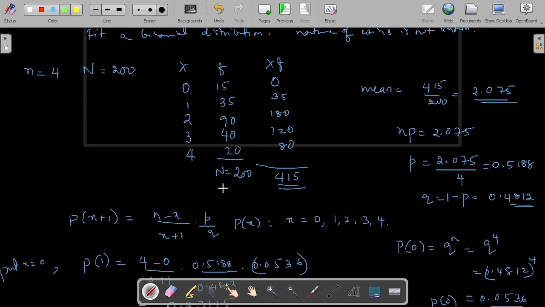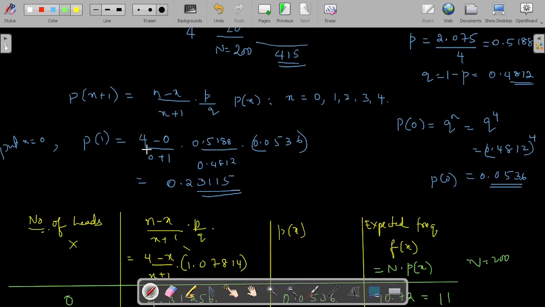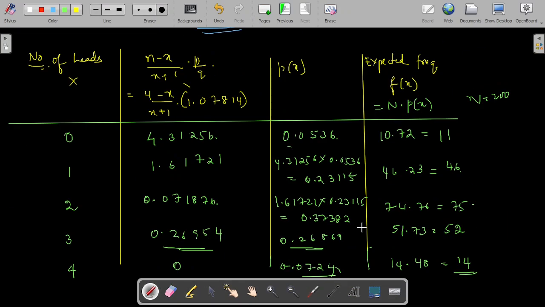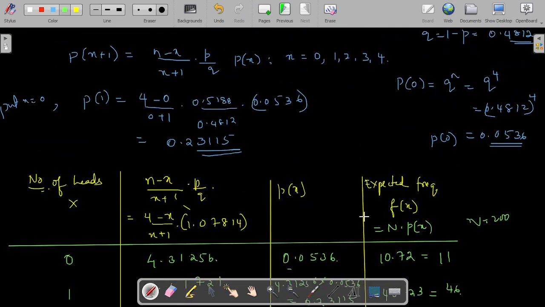After getting q, use this recurrence relation to find the expected theoretical probabilities. Once the theoretical probabilities are known, the theoretical or expected frequencies are calculated by multiplying the probabilities with capital N. So this is how we fit the binomial distribution into the given observed data.